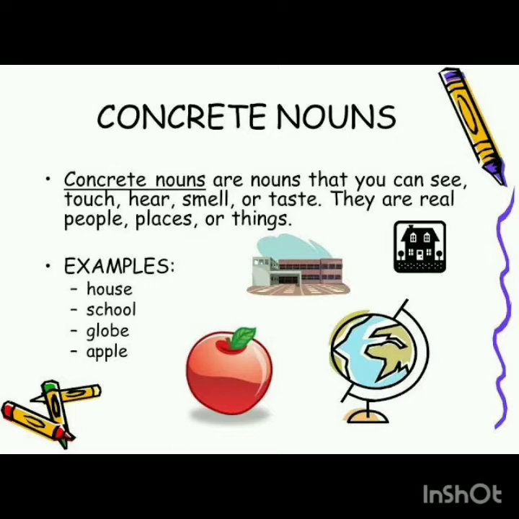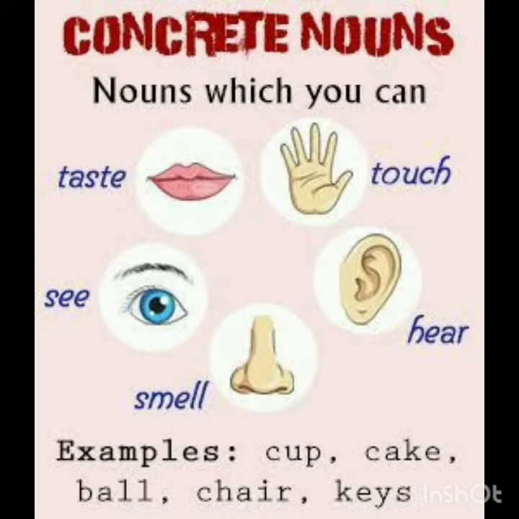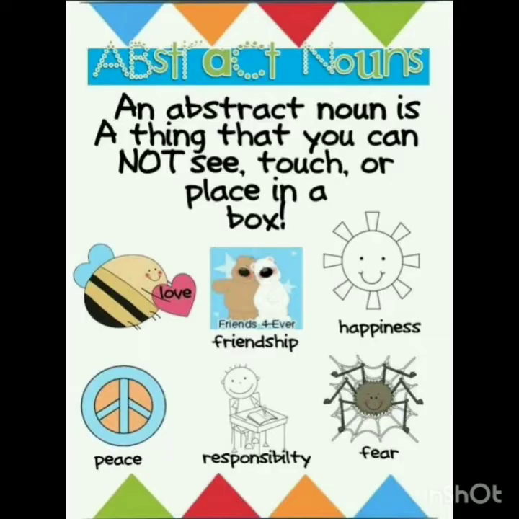So, our five senses are involved in it. Then, an abstract noun is a thing that you cannot see, touch, or place in a box somewhere, but you can feel it. For example, friendship, happiness, fear, anger, peace, etc.